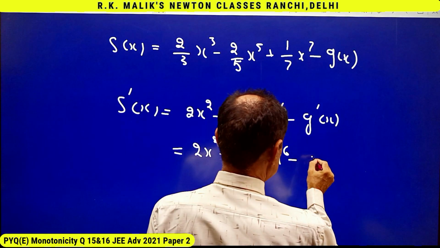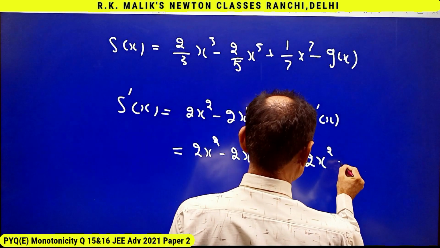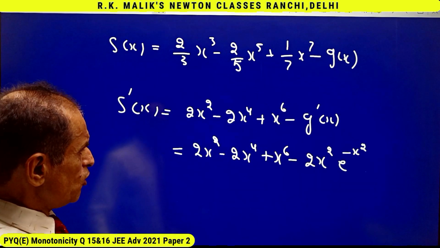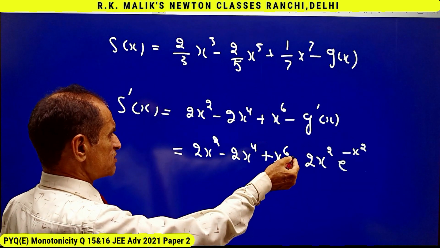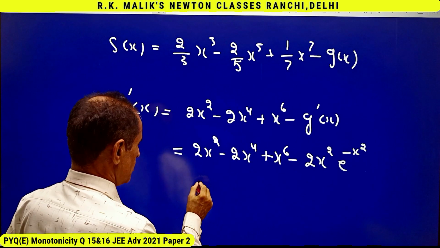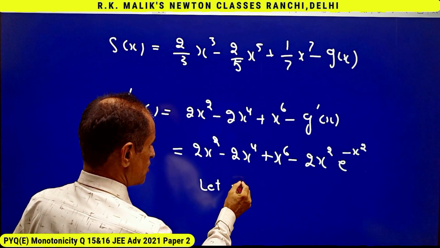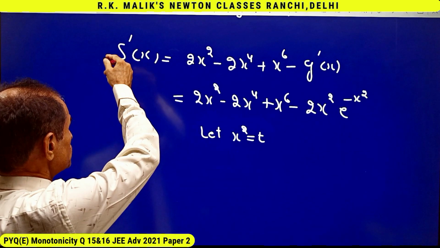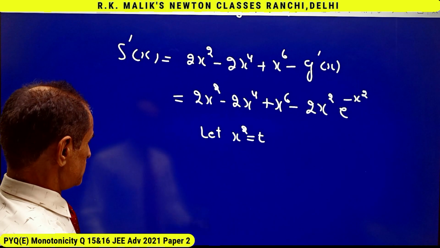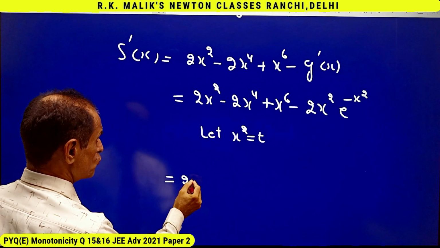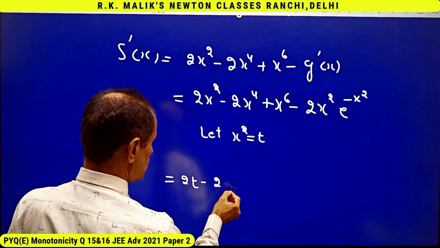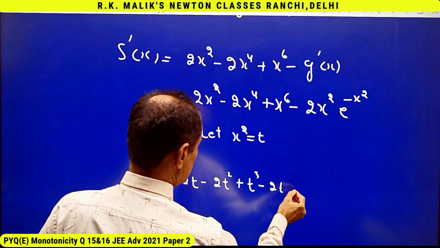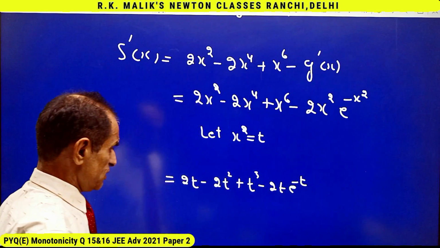Hence, I will get here 2x square e to the power minus x square. And now, because even powers of x are there, let x square be equal to t, and I have to check the sign of s dash x. I get 2t minus 2t square plus t cube minus 2t e to the power minus t.